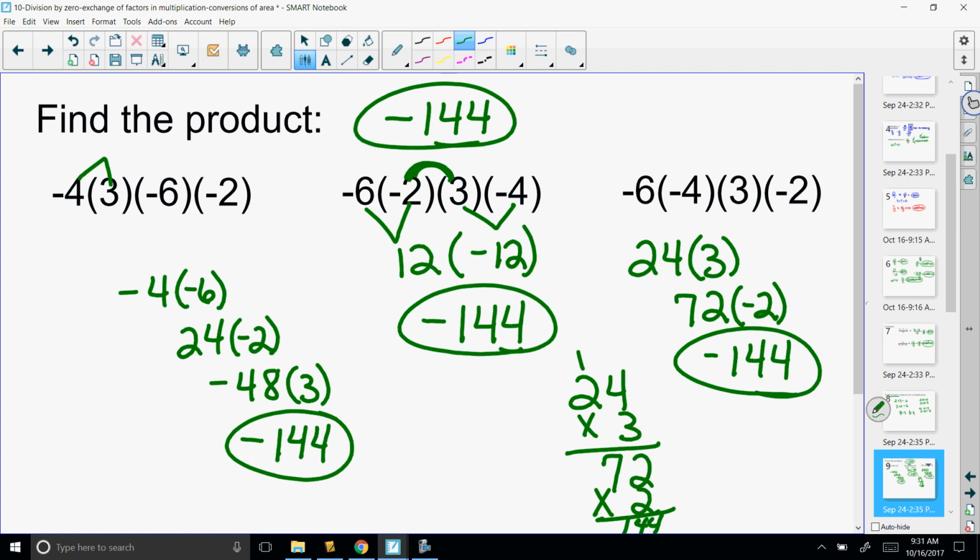You could have multiplied and had 24, and then multiplied and gotten a -6, and multiplied those together, 24 times 6, and ended up with -144. But the commutative property means it does not make a difference the order in which you multiply the numbers.